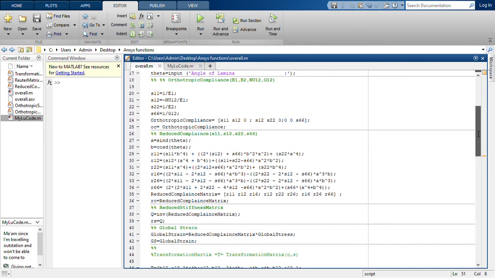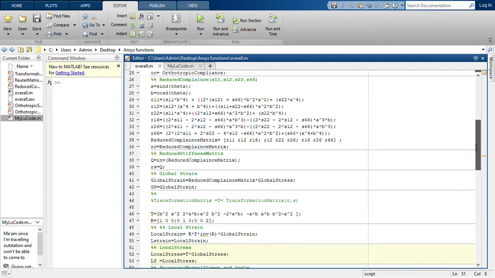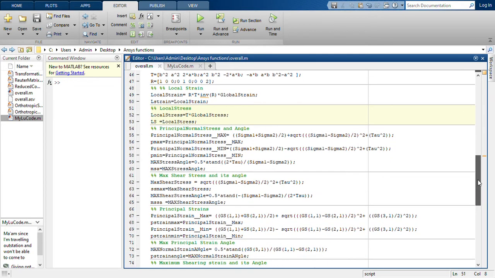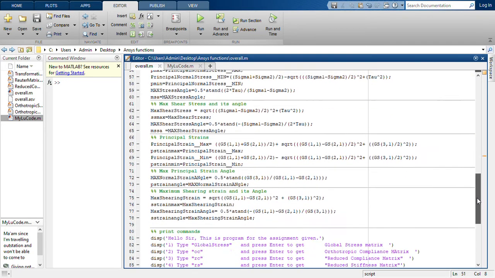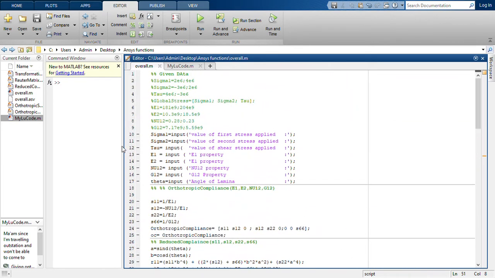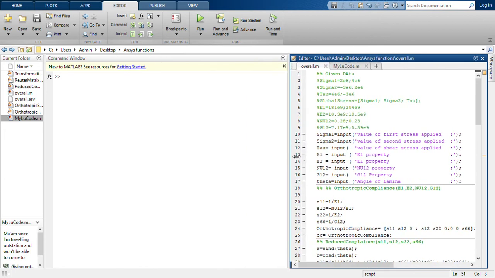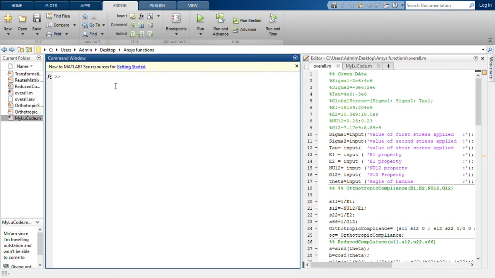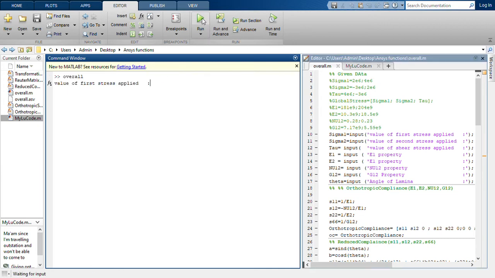This code is not only for a particular problem; it can be used for any problem of similar format, depending on the user's input. As an example, we are going to use input from example 2.7 and cross verify that this code works properly. So I'm going to run this code.